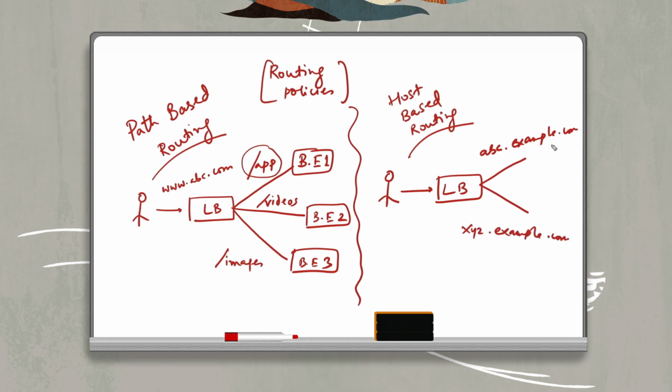This request is going to be sent to a different backend pool, and this request is going to be sent to a different backend pool. So this is your host-based routing. So with this, we conclude this discussion on whiteboarding for load balancers. Thanks for watching.